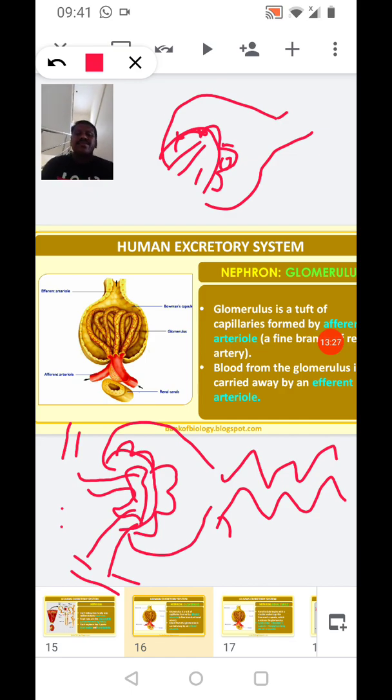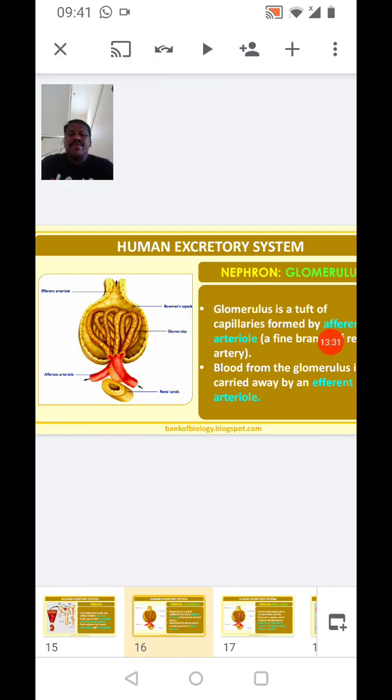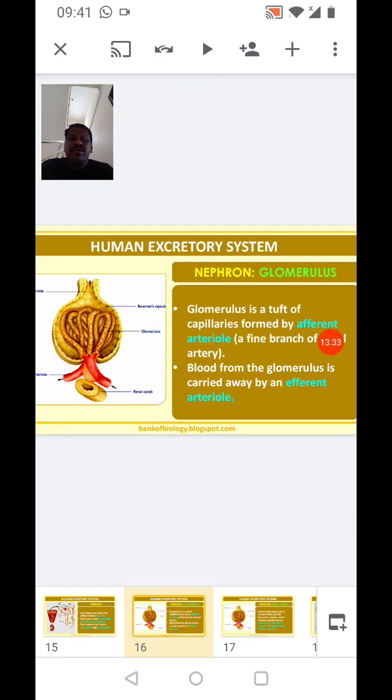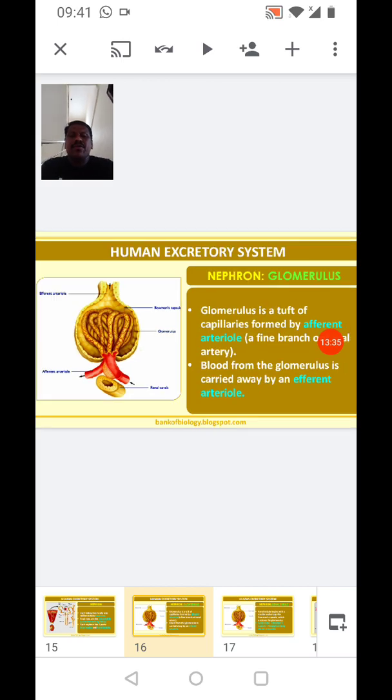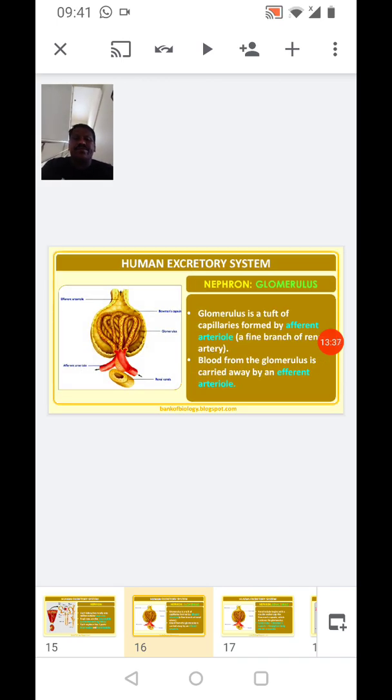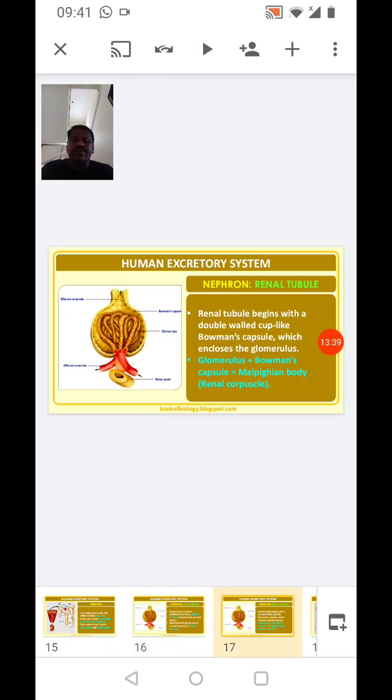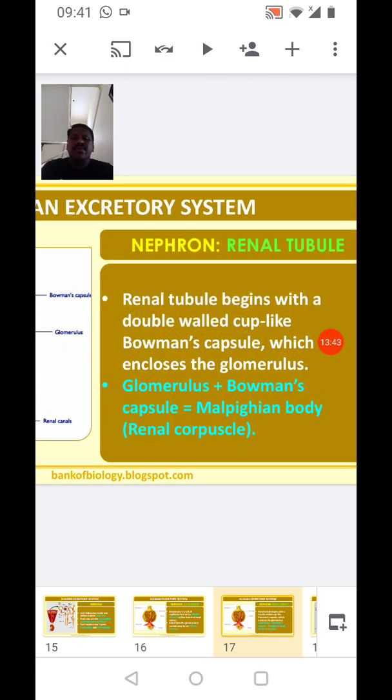Understood? Okay. So we studied the renal capsule. Here you can see glomerulus means tuft of blood capillaries, and the Bowman's capsule together is the Malpighian body, Malpighian capsule or renal capsule. Okay.